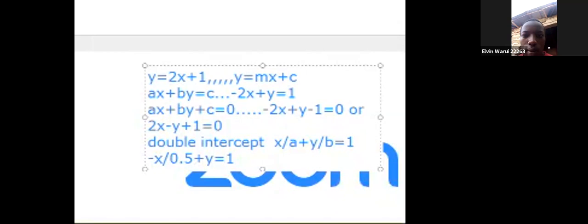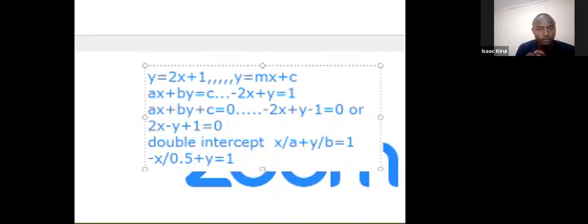We can have x over 4 plus y over 5 is equal to 1. You make sure the other side is 1. It can also be the same as negative 2x plus y is equal to 1, because 0.5 is a half, so 2 comes on top.